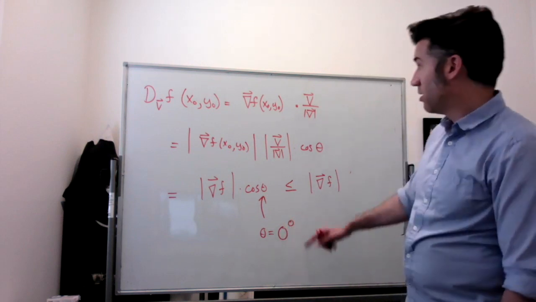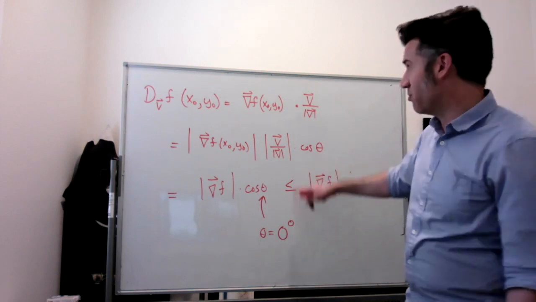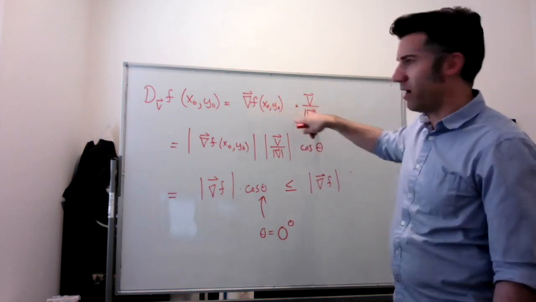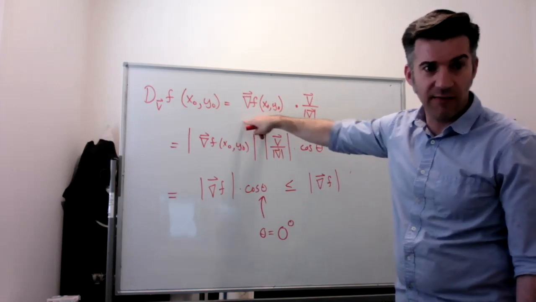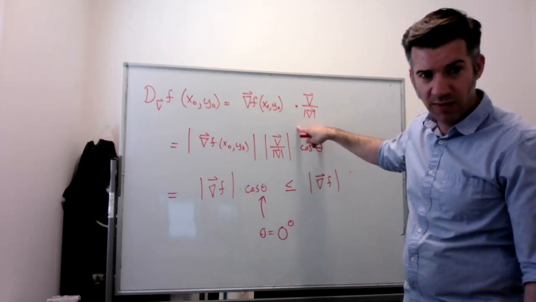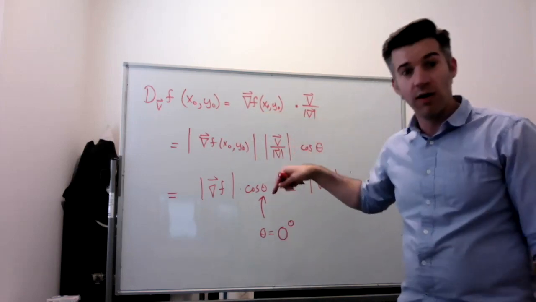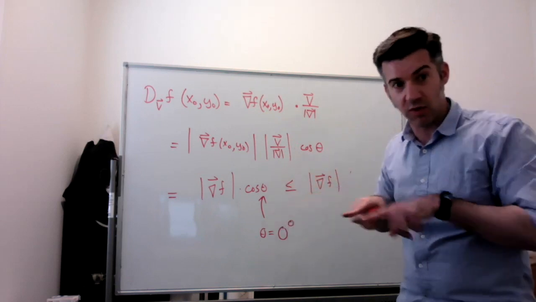Meaning, well, the angle is supposed to be the angle between your two vectors, your gradient of f and your direction vector. But if the angle between the two vectors is 0, that means the two vectors are in the same direction.